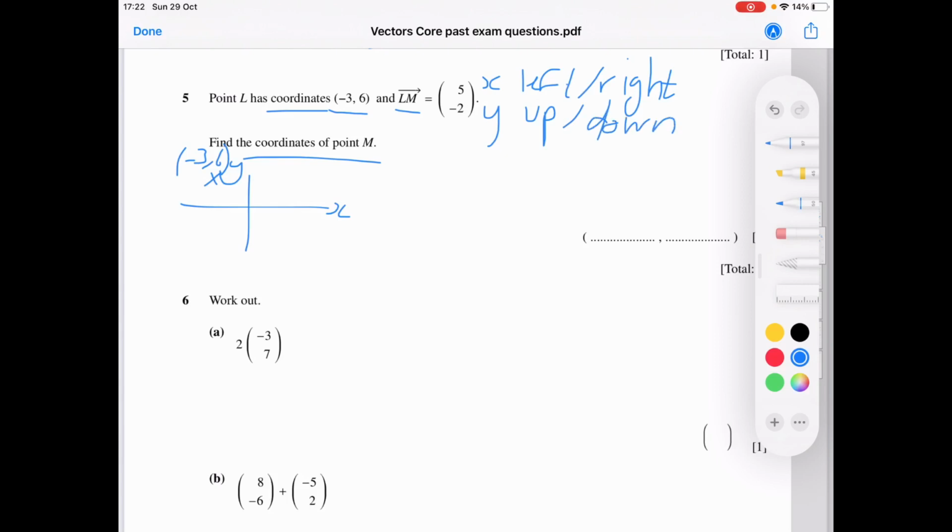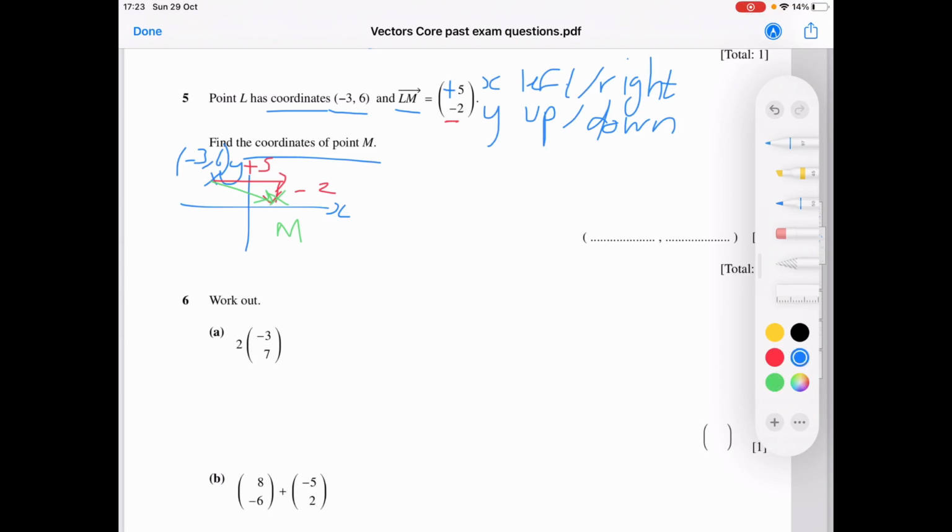So this is going to the right because obviously it's a positive 5, so it's going to go 5 this way, and then it's going down because it's a -2, so it's going to go down by 2. So our line would end up going in this direction, and this would be our point M.